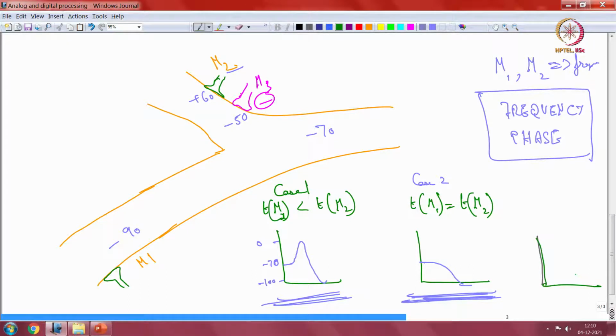If we put a minus 50 over here, so it starts at minus 70, so plus 60, so summated amount coming over here in this junction is plus 10, which is the equivalent current at this location, combines with minus 90, and then you have minus 80 and minus 70.